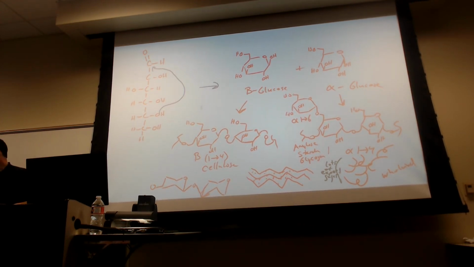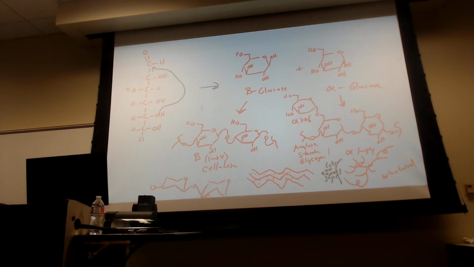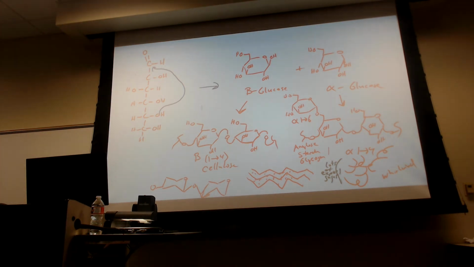Yes, Dave. Okay, so why is the 1,6 linkage not possible in the beta form, or why is it possible on the alpha? So what happens is, it's not to say that you can't have a beta 1,6 linkage. All of this connecting is controlled by enzymes, and so it depends on what enzymes are present.